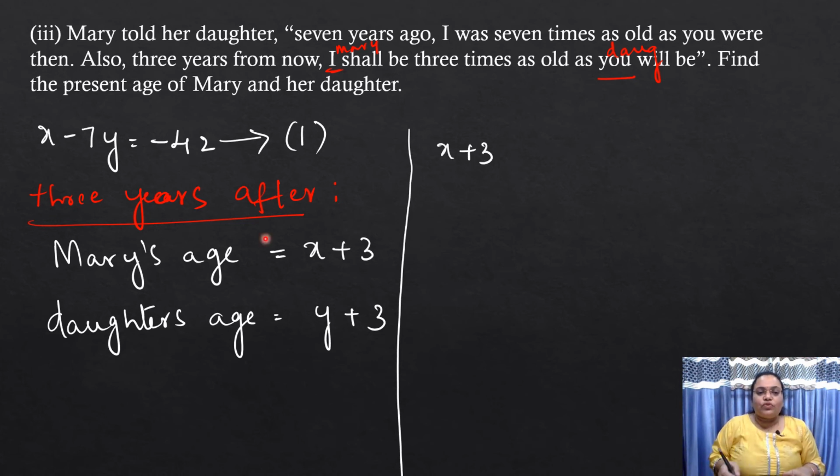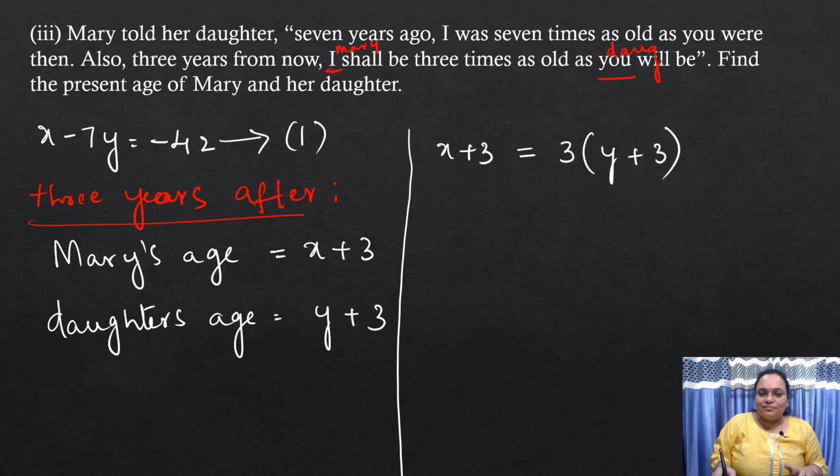Okay, so we are talking about the 3 years after scenario, right? 3 years from now. So we will be taking Mary's age as x plus 3 and daughter's age as y plus 3. So I shall be, which is Mary, that is Mary's age x plus 3, is equal to 3 times as old as you will be. 3 times the daughter's age, which is y plus 3.